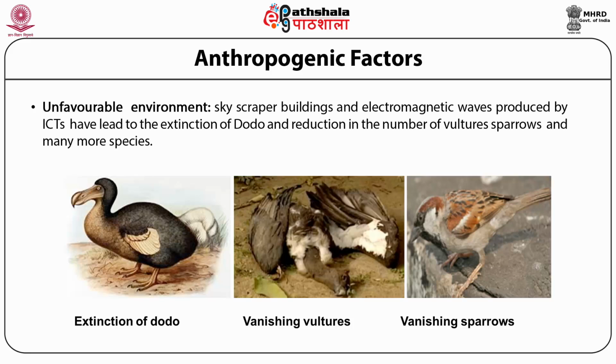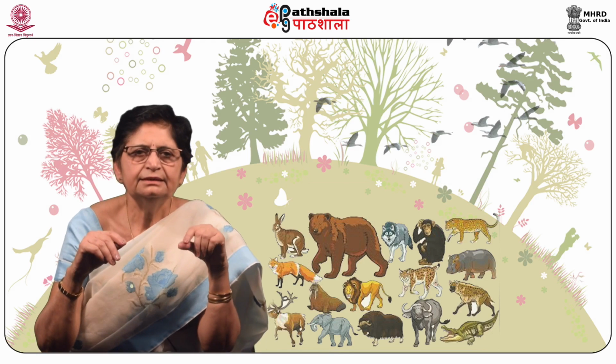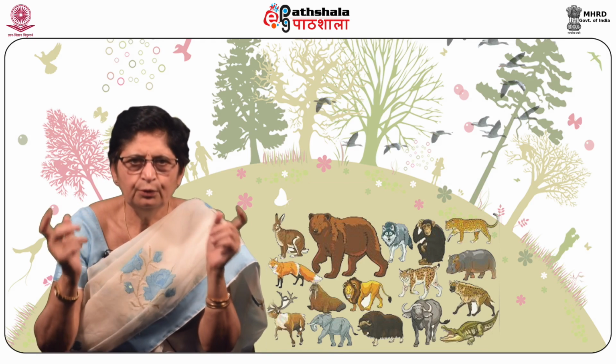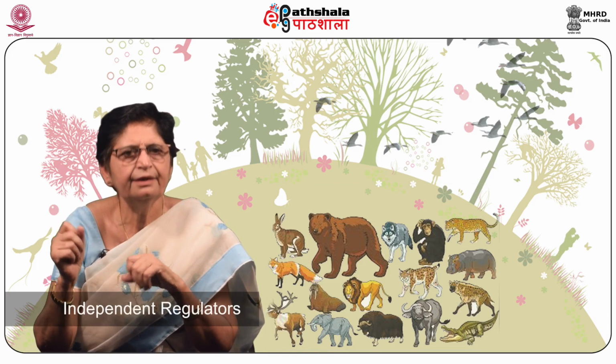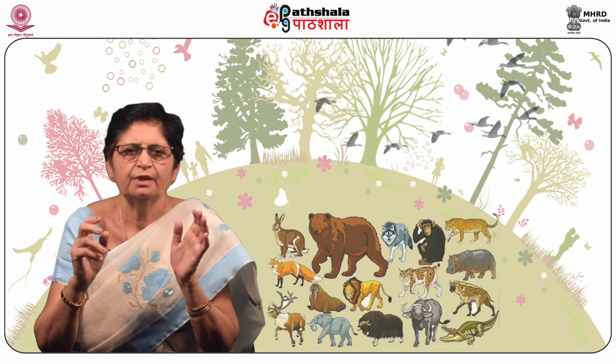Primarily, it is the growing human population that is using most of the resources for itself and creating an unfavorable habitat, manipulating the environment for its own comforts without keeping in mind the requirements of the other species and their needs.